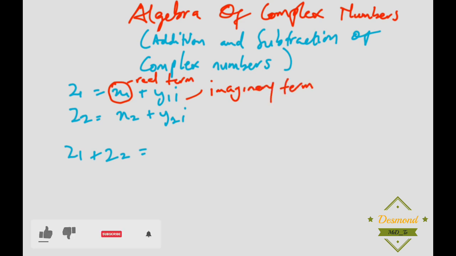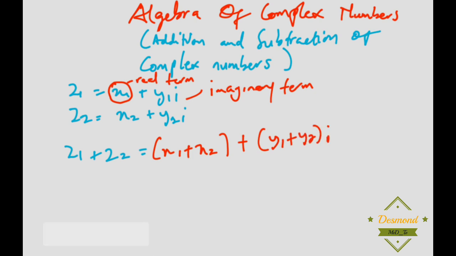So whenever you're asked to add or subtract complex numbers, the real terms are added together separately, and the y, which is the imaginary term, are also added separately. So how do we do that? We get x1 plus x2, plus y1 plus y2 i, added separately. Then when you add, you should get your complex number.